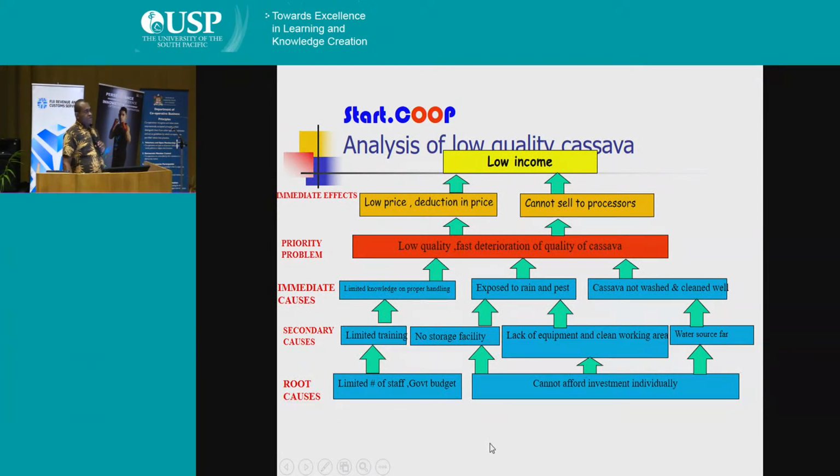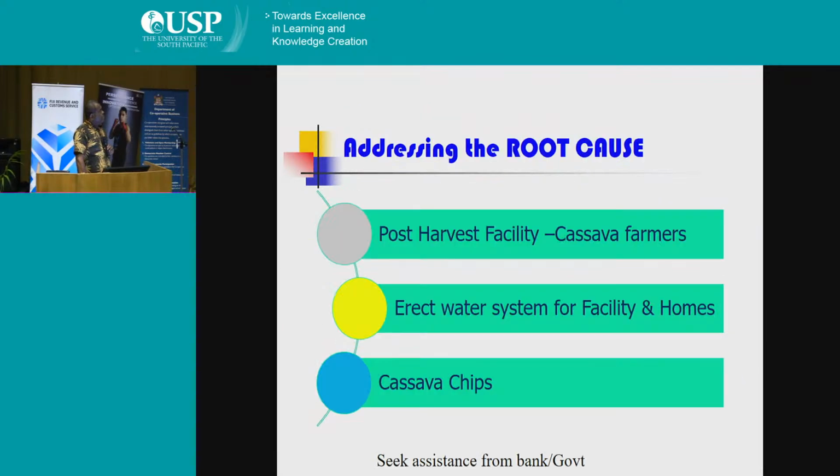And the root causes, identification of root causes: we have limited number of staff. The other thing, government budget is limited as well. The other bit, cannot afford investment individually. So they have analyzed what is bringing a low quality of cassava.